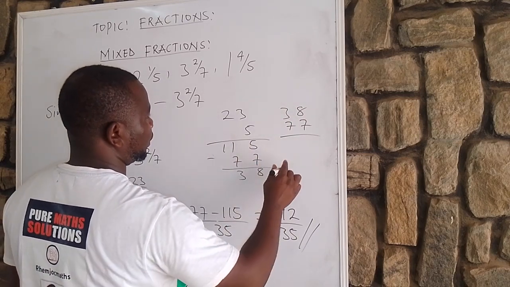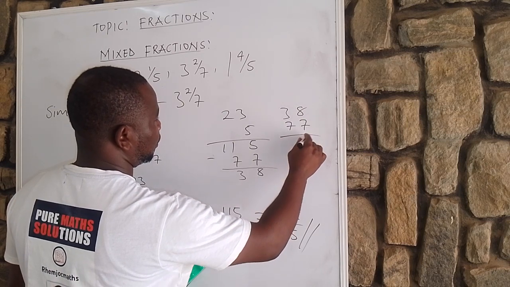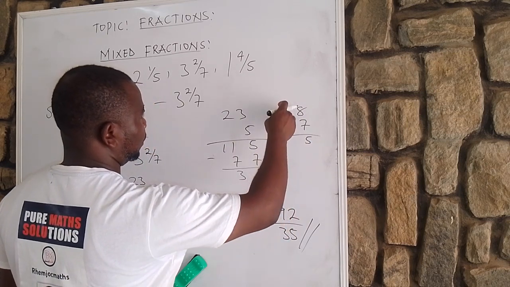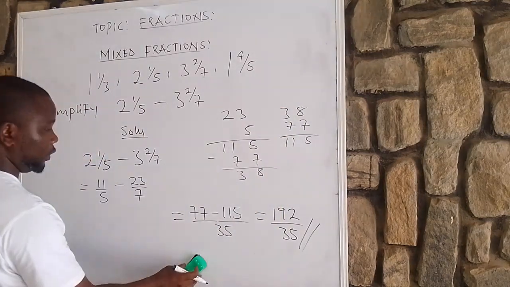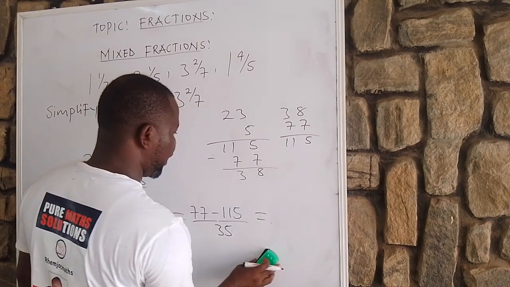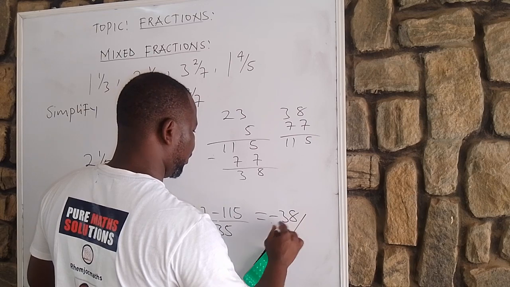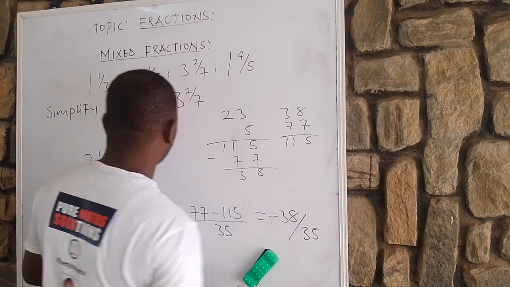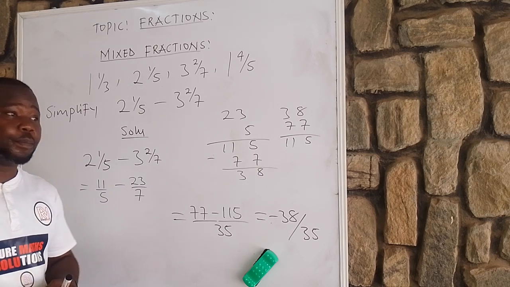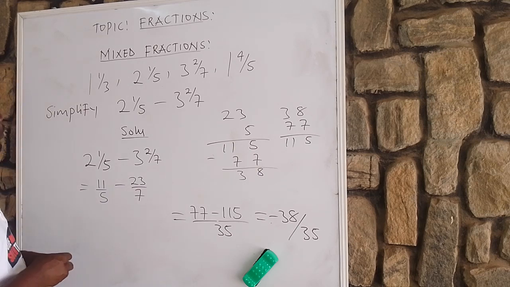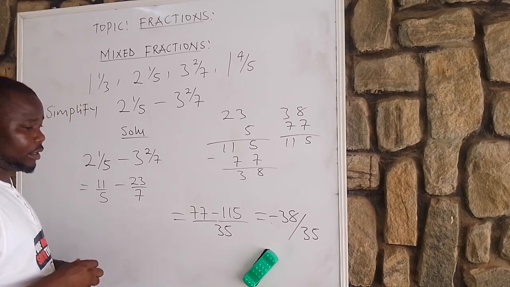So we'll give you back this, true or false. Here we're going to give us 15. Carry 1 to this 1, yes. So here we're going to give us minus 38 all over 35 if it is negative. Is that clear? Okay.